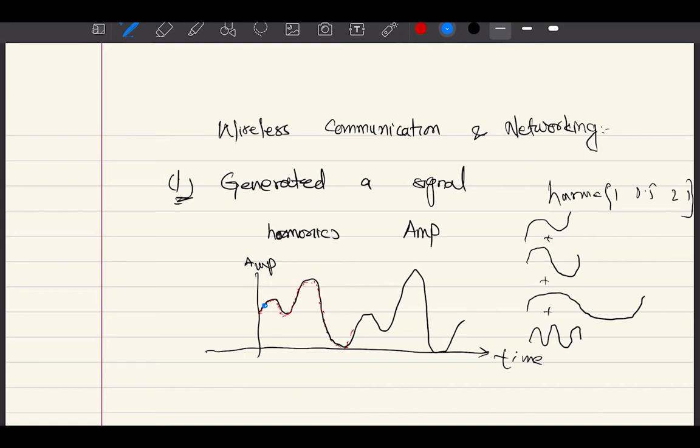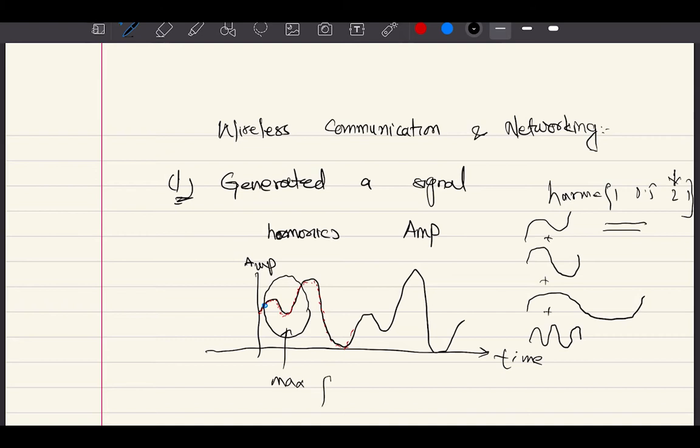For the sampling part, we were looking for the maximum frequency component available. In the harmonic part, the maximum frequency component, for example, was this one. After seeing that maximum frequency component, we have to sample it a couple of times more than that. Why? What is the reason for sampling a couple of times more? Even if you sample it just once per cycle, this is the maximum frequency component.